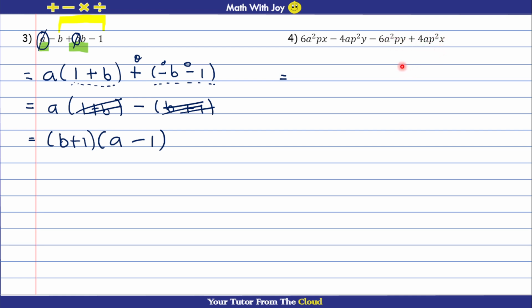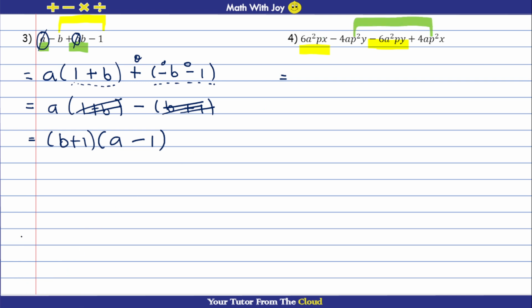So when I look at this, I feel like this term and that term have more things in common, while these have more things in common. So I will choose my first group to be these two terms, and I will choose my other group to be these two terms.